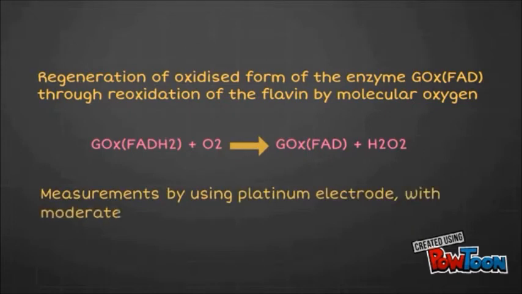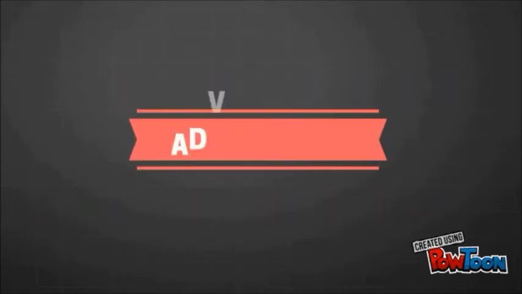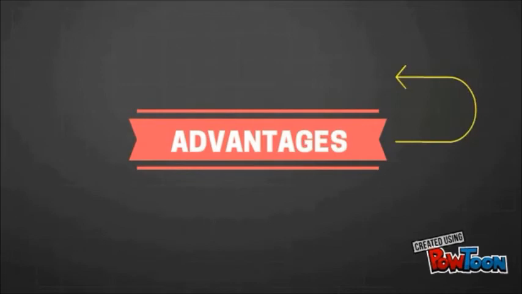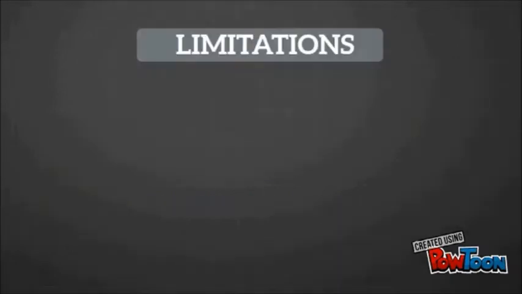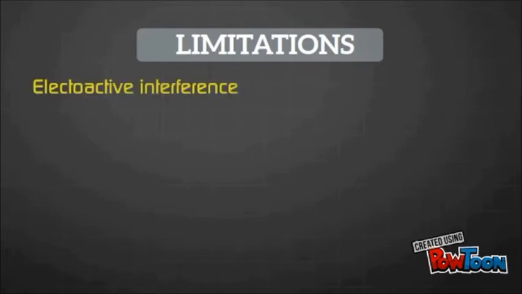Measurements are commonly carried out on a platinum electrode at a moderate anodic potential of around +0.6 volt. The advantages include that the measurement of peroxide is relatively simple and applicable in miniaturized devices. However, the performance of first generation glucose biosensors is restricted by electroactive interference and its dependence on oxygen.